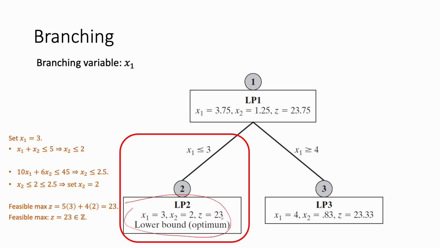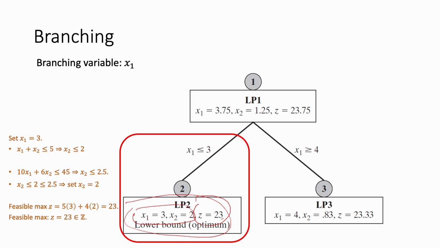Okay, so we just verified this value. What does this mean? This means that, as I said earlier, the point represented by this is integer feasible. Again, we have a candidate integer solution with optimum value equal to 23.